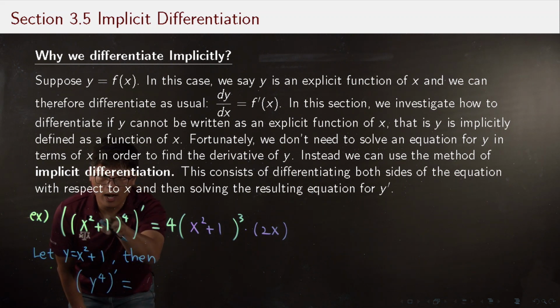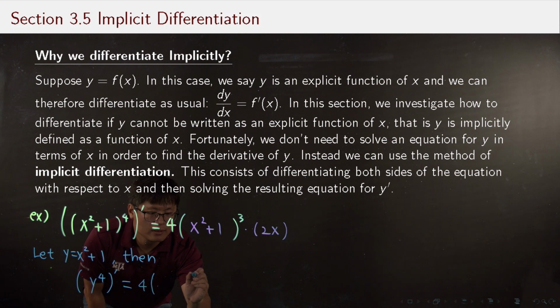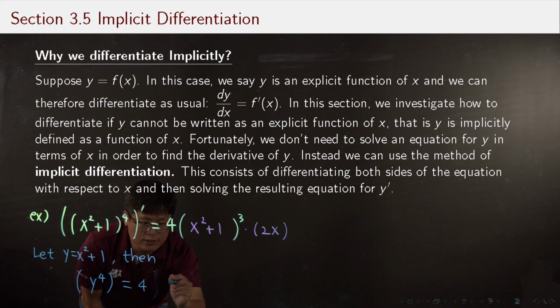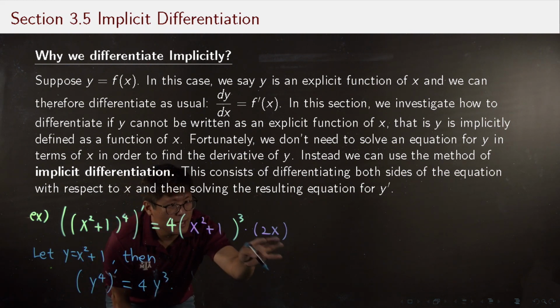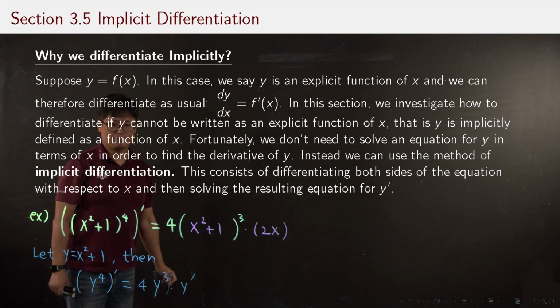Y to the 4 prime is equal to 4 times y cubed, and this part came from the inside function, which is y prime. Does it make sense?